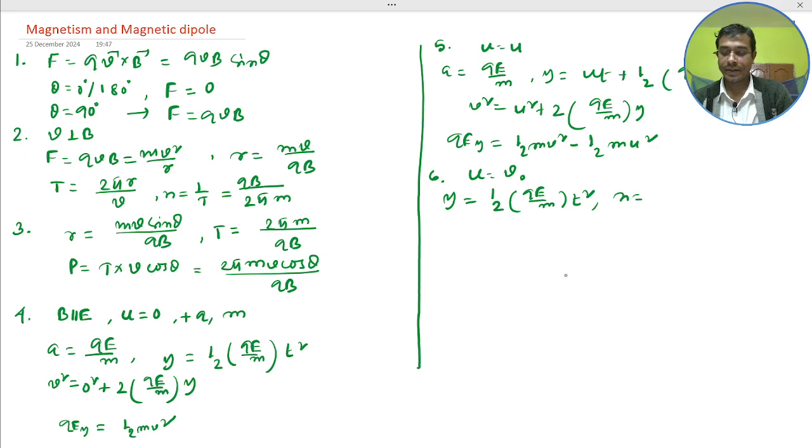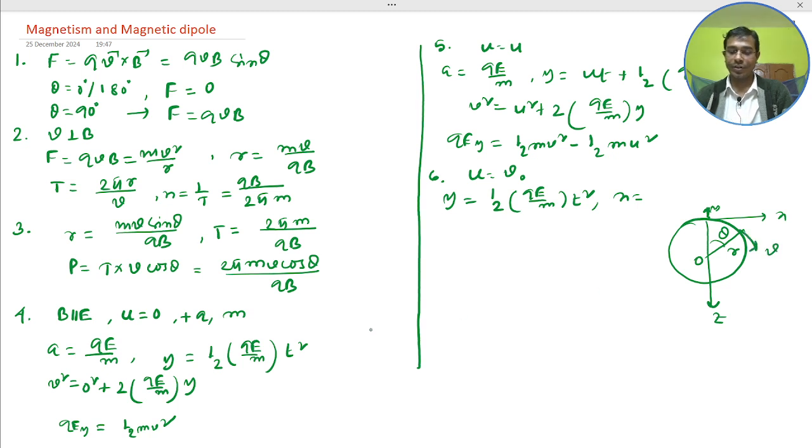Here this is basically a circular path, and this direction is x and this is y, and this point is z, and this is the radius r making angle theta with the origin, and this tangent is velocity v.